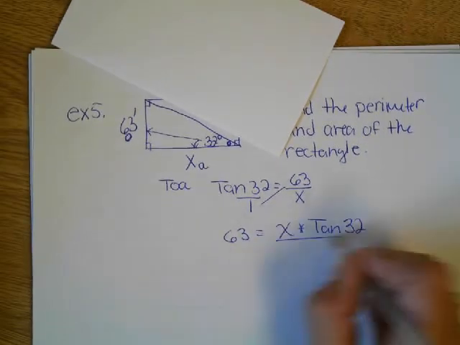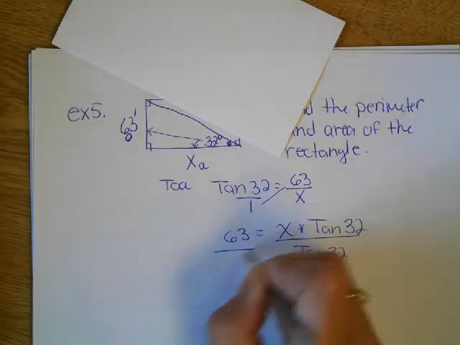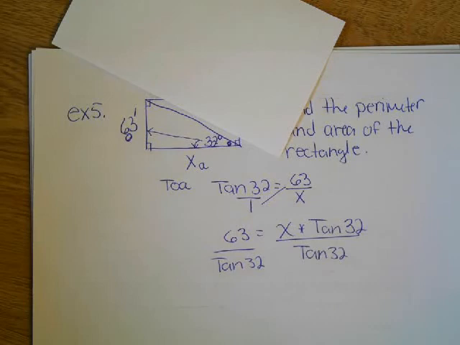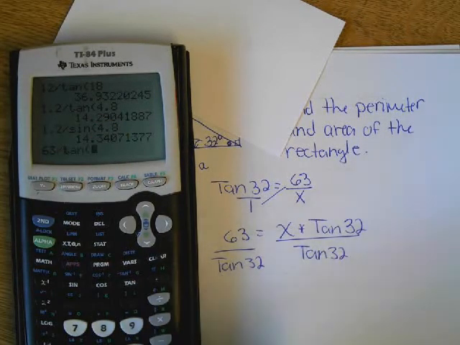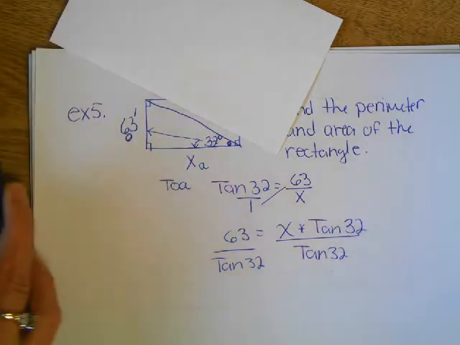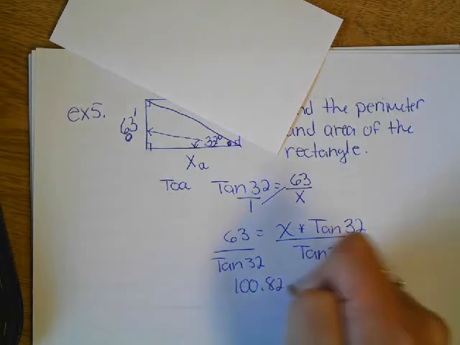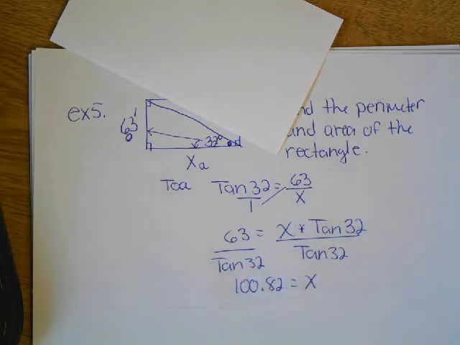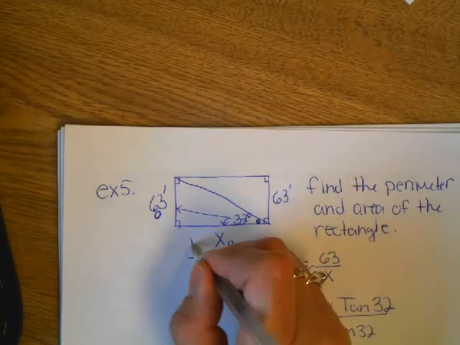Do a little dividing. So 63 divided by the tan of 32. That long side is 100.82. So what we just found was the other side of the rectangle.